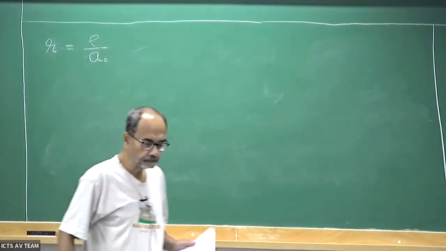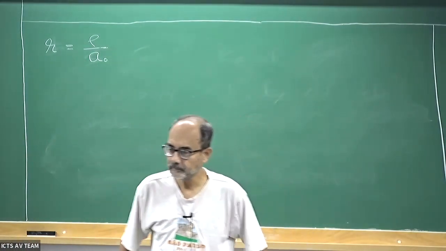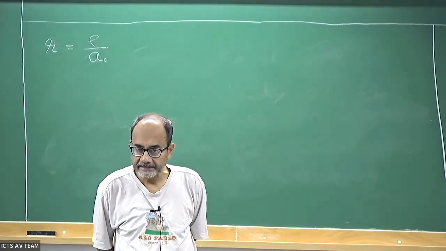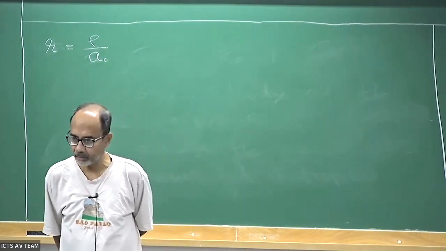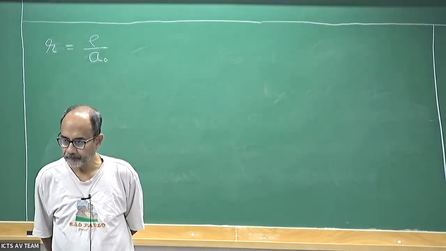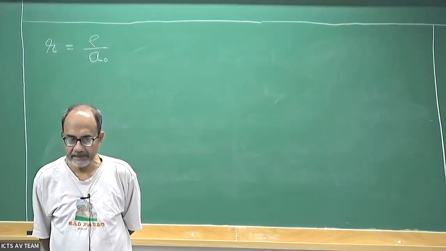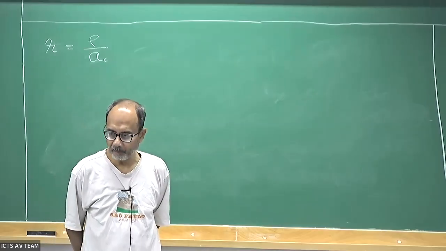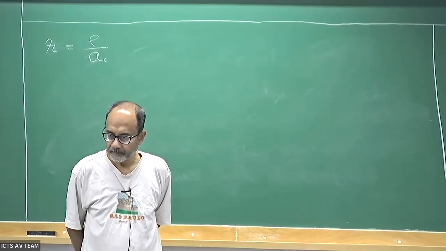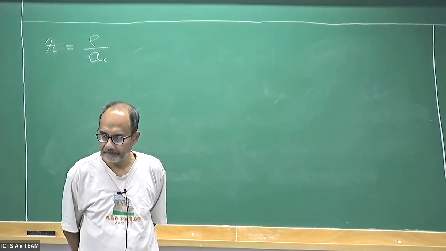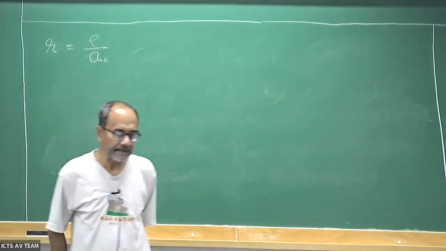Yes. This a of t, are there any constraints on what kind of function it is? Well, it will have to satisfy Einstein's equation, and that will determine a of t. Right now you are not saying anything about what kind of function a of t is. But we will see that a of t is a monotonically increasing function of time, and at some point it becomes 0, and that's how you count the origin of time. Right now a of t is just some function.